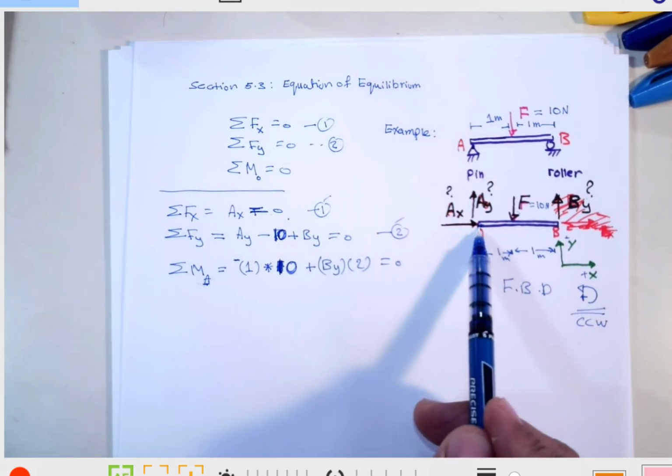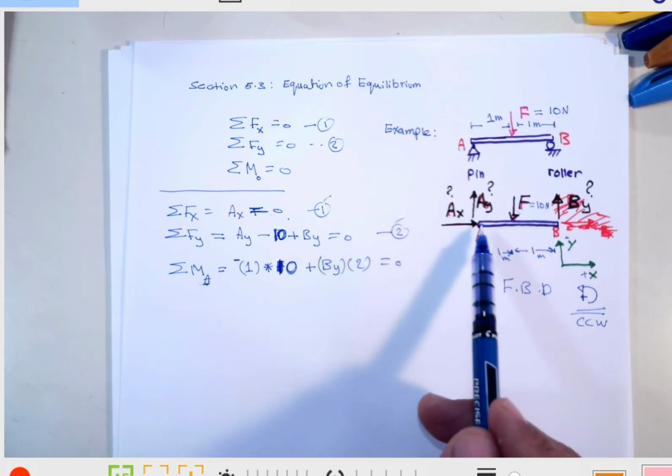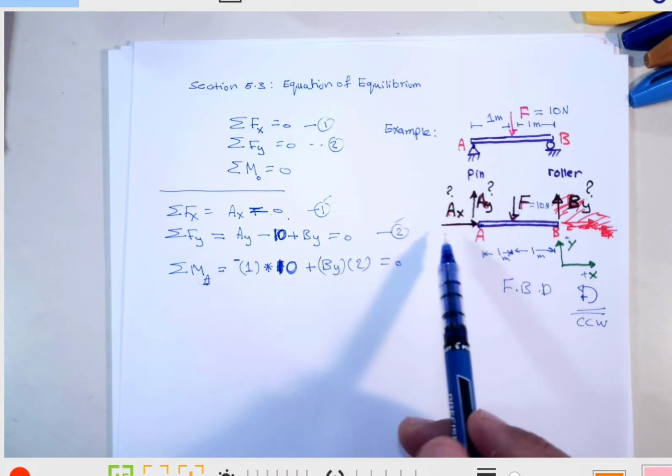So calculating the moment of Ax and Ay about A is 0 because they don't have any distance.